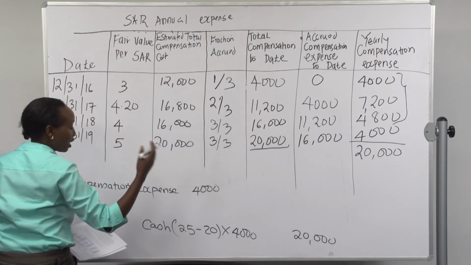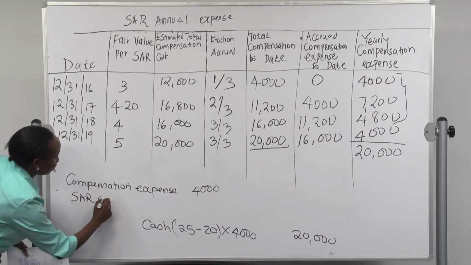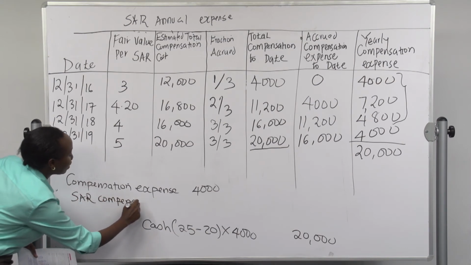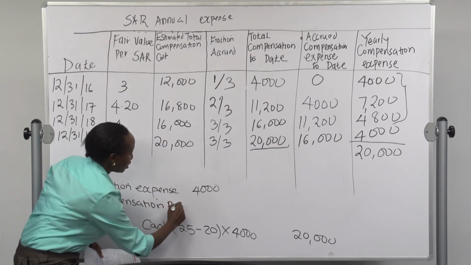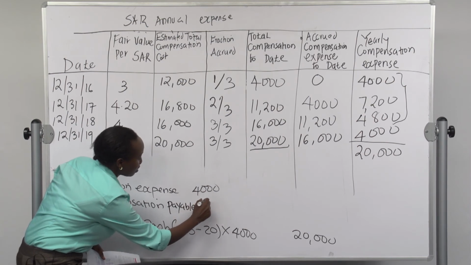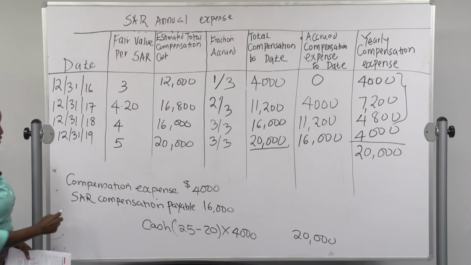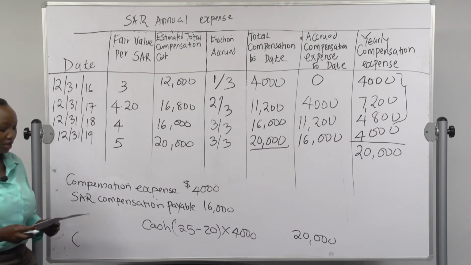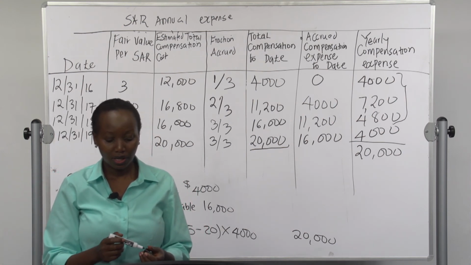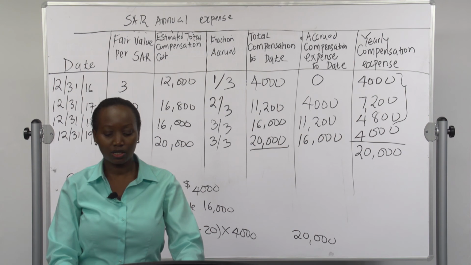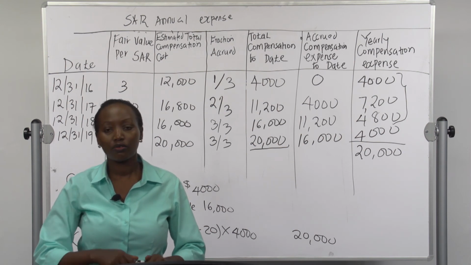So we're going to close that out by doing a debit to SAR compensation payable for the total of the 3-year compensation that was already recorded, which is $16,000. Then we put a description to this journal entry to record the exercise under the SAR plan that happened in 2019 for Mr. Brandt. And that's it for this problem.